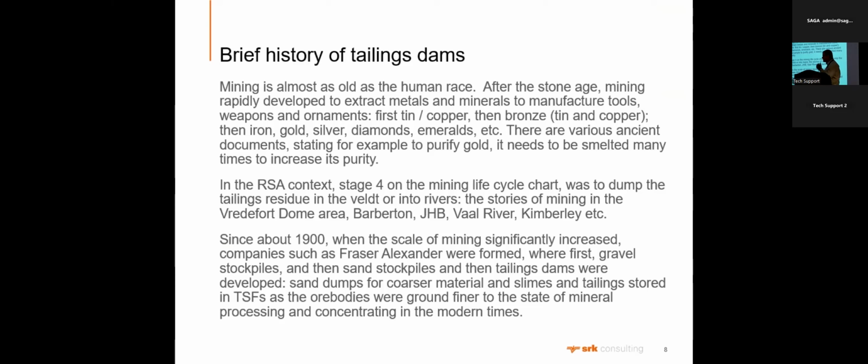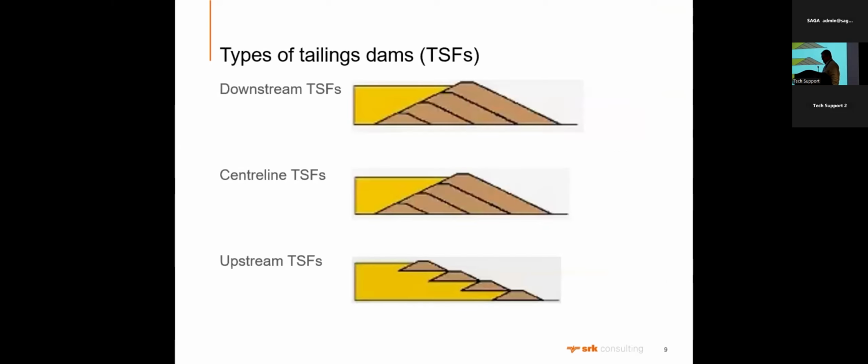You can see that at Vredefort if you were to go there, and in many other places. Then since about 1900, the scale of mining increased so much that dumping it in the veld was no longer an option, and facilities had to be built, also as a result of the tailings being ground finer and finer.